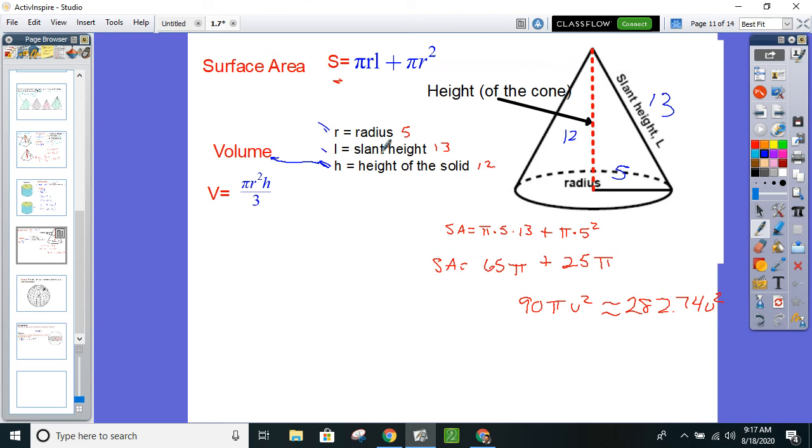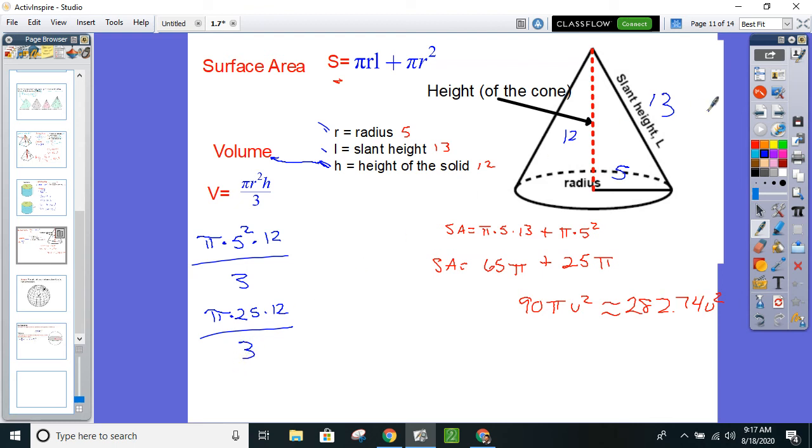We don't need the slant height because that's for the surface. So we'll do pi times our radius, which is 5, squared times our height, which is 12, all over 3. So 5 squared is 25, so we get pi times 25 times 12 divided by 3.